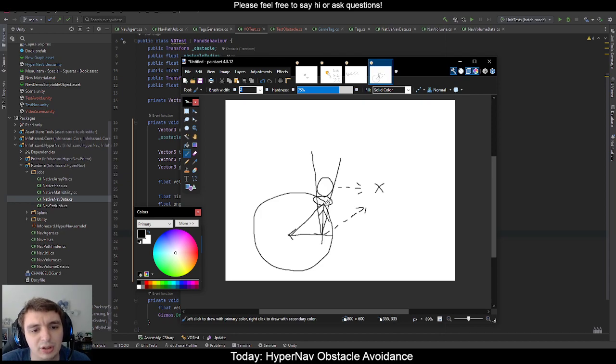So actually that circle is incorrect. It's actually more like this. Because it is where this sphere intersects this cone.